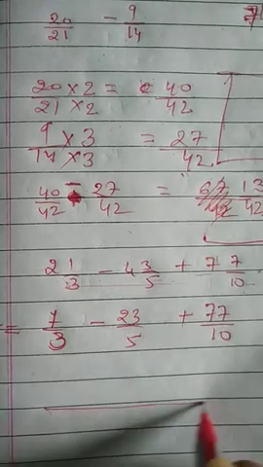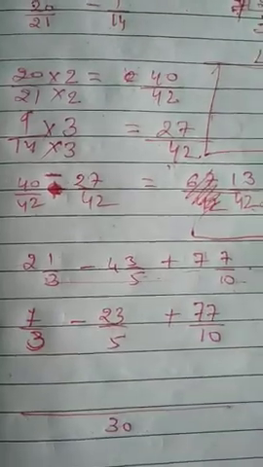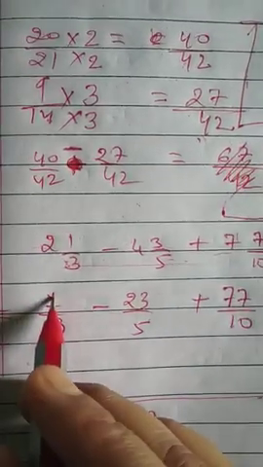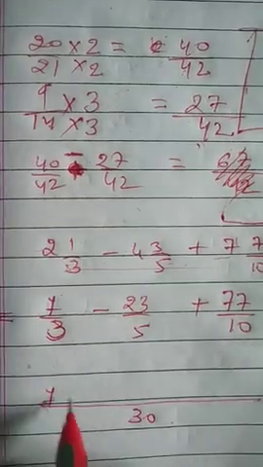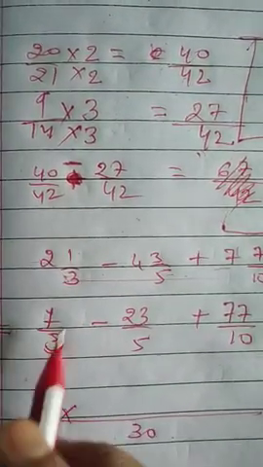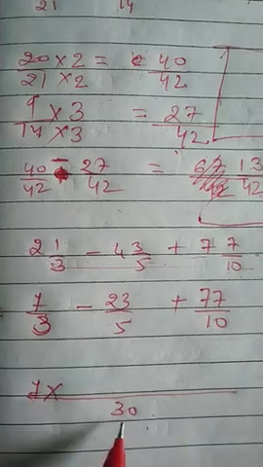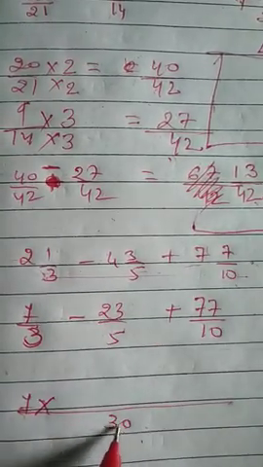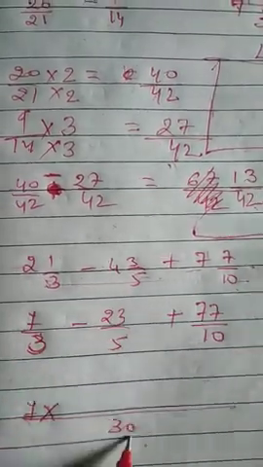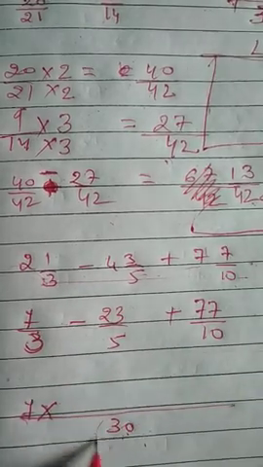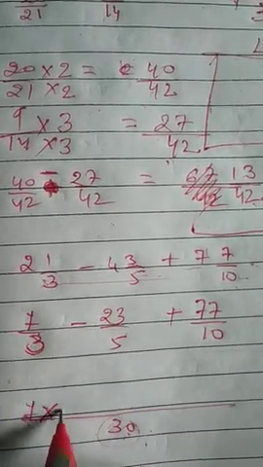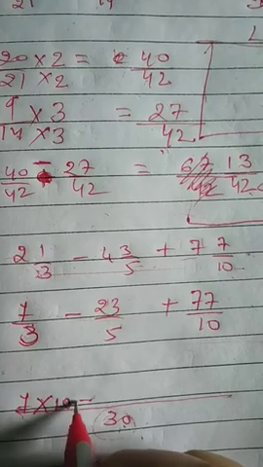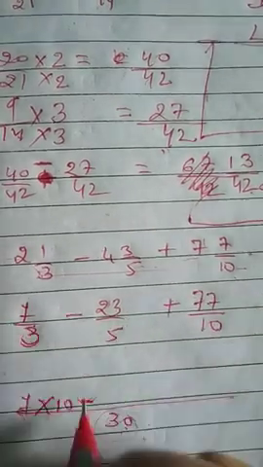Now what you have to do? Simple, you have to write here 30. After that, this 7 will be in its own place, but we will multiply something with this. This and this you have to divide: 30 divided by 3. 3 tens are 30. The minus sign is the same, you have to write the same sign.